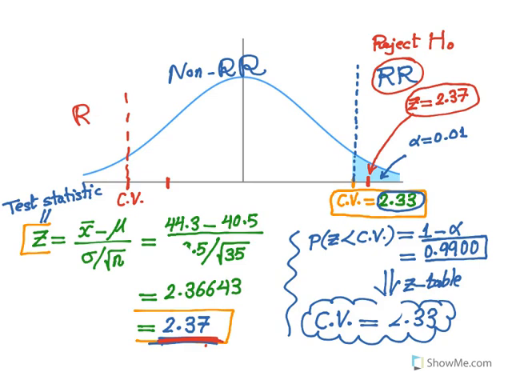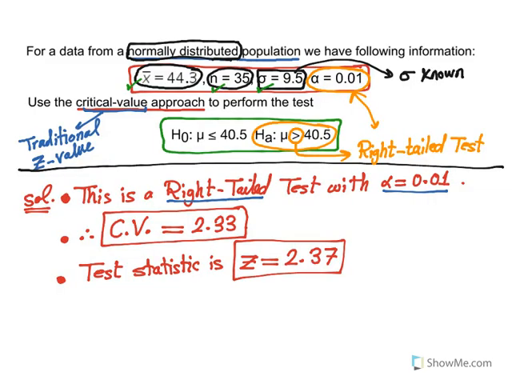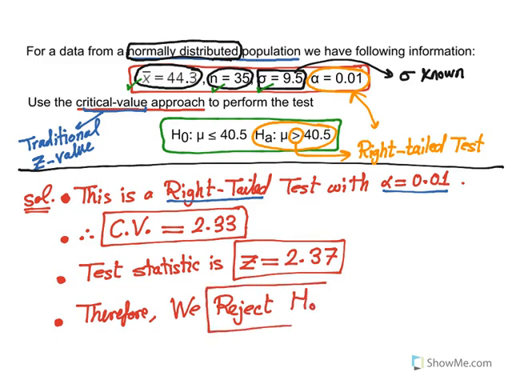So I will erase this part, but I hope that you understood what I just said. And we go back and we write here, therefore, we reject the null hypothesis H0. This is our decision from here.